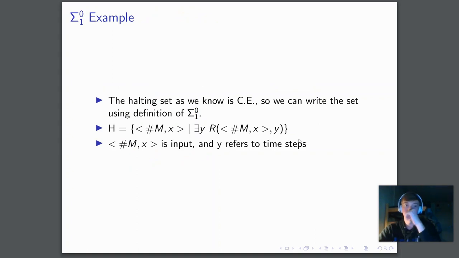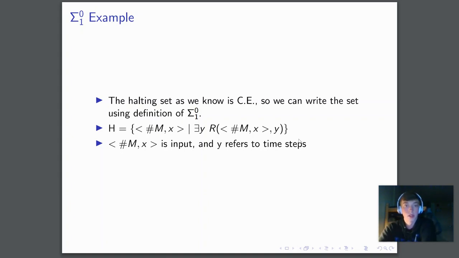So we say that given an input, a machine M and X, there needs to exist a Y such that, and this is where the predicate comes in, the machine M on input X halts after Y time steps. We can build a Turing machine that will be able to decide this exact predicate, and that's an important part of this whole structure here.